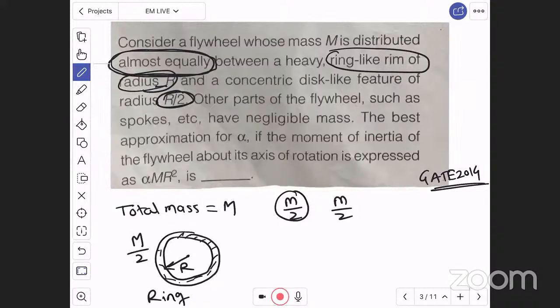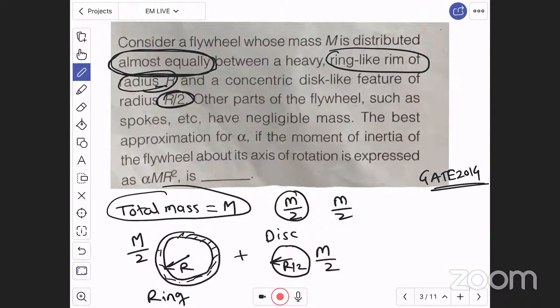Ring-like rim means a ring. Equally means half the mass went into the ring, that is M by 2. So it is a ring of mass M by 2 and radius r, and a solid disc of mass M by 2 and radius r by 2.